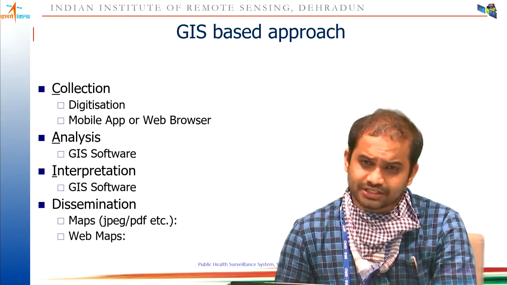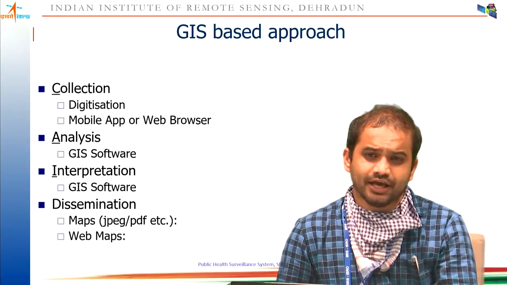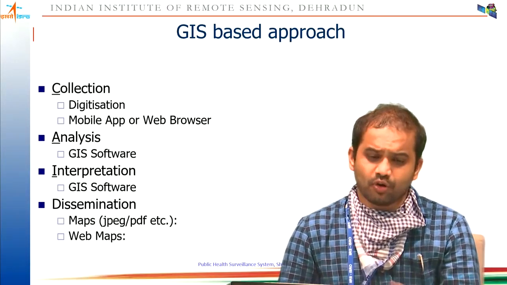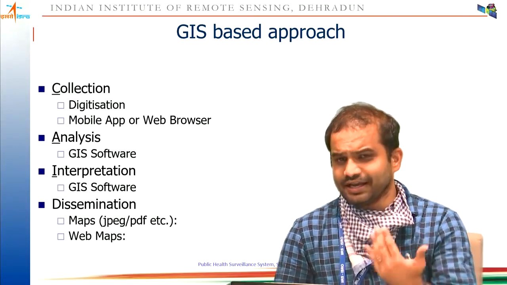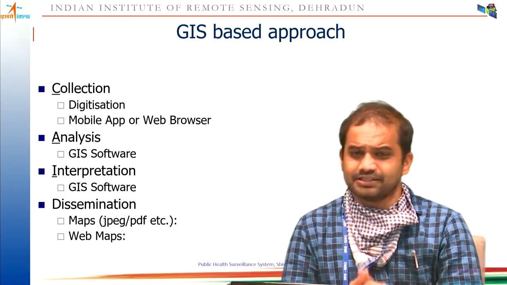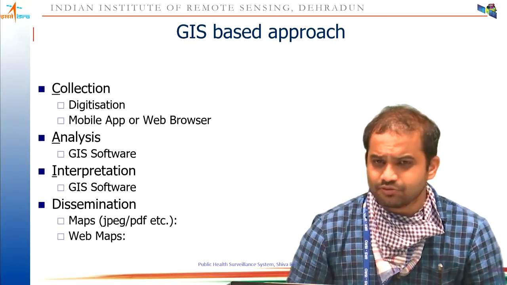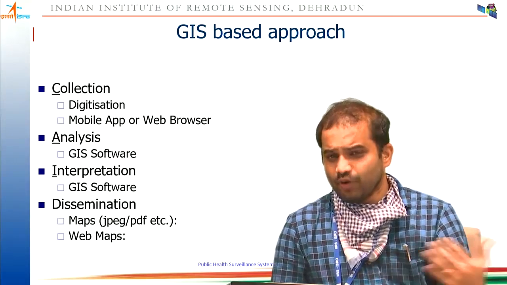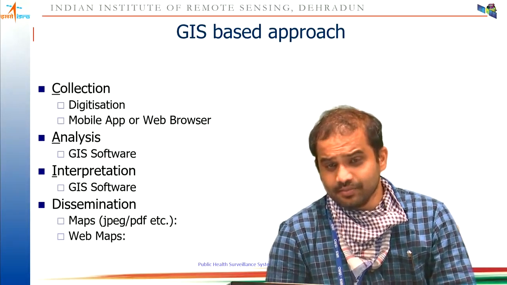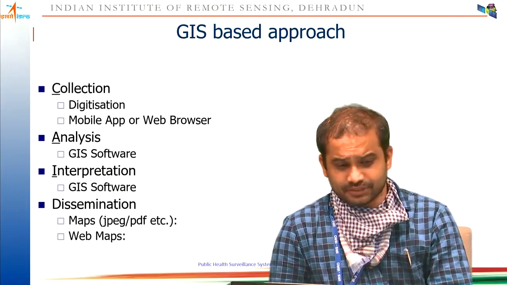One, you can do digitization using traditional GIS software, but that is not efficient in the field scenario. But you can use a mobile app and web browser as a tool from where data can be collected. For that, a background mechanism of establishing a server will be required, and as we move towards the end, you will understand what ready-made, off-the-shelf solutions are available which you can directly use for data collection.